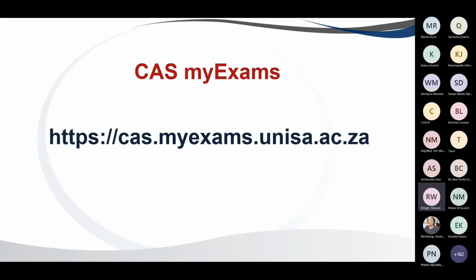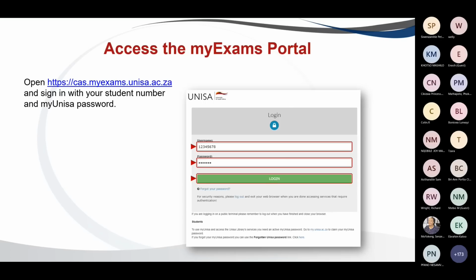Remember, you'll be using the myExams portal, so it's different from my modules; it's basically the same learning management system, but two different portals. So you might also need to log in again. Just make sure you know your myUNISA password. You will go to the URL, log in with your student number and myUNISA password, and then click on the login button.